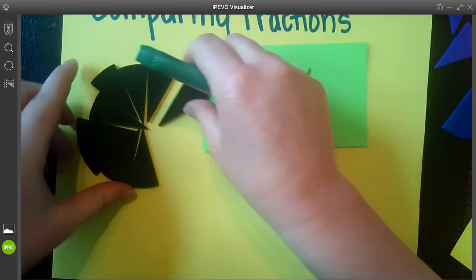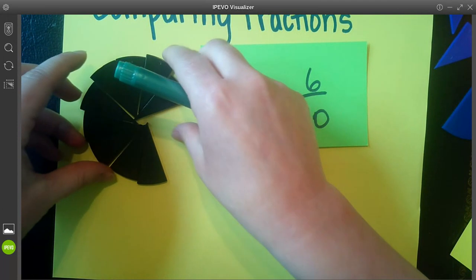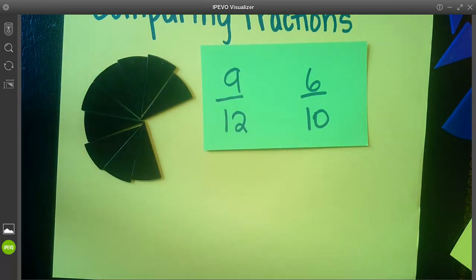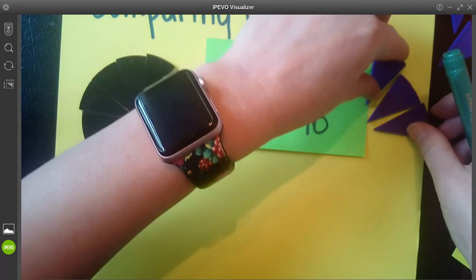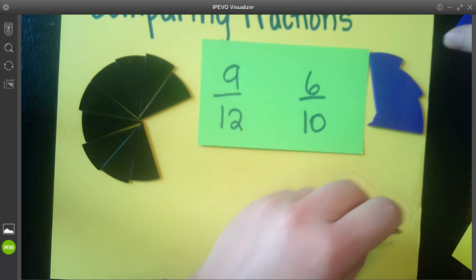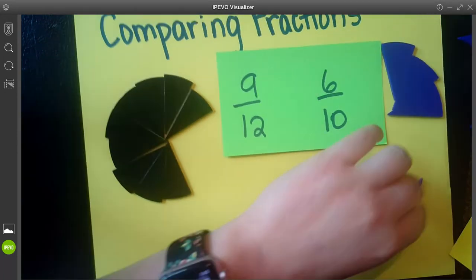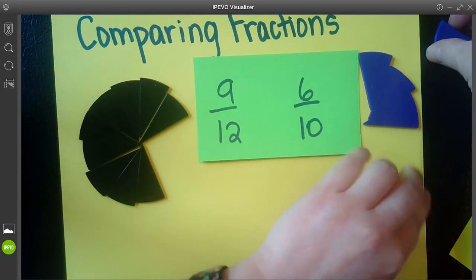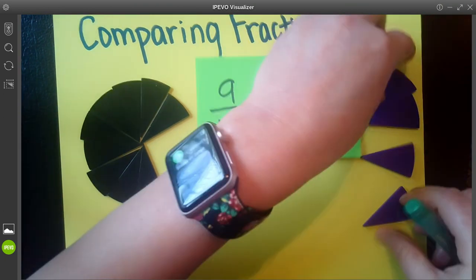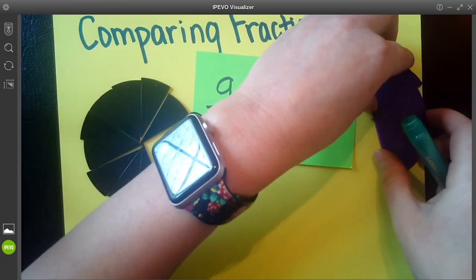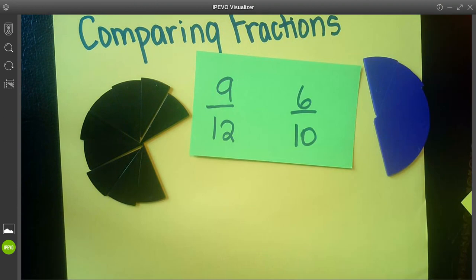There's 9/12. Okay. And then I have 6/10. So here's my tenths. 1, 2, 3, 4, 5. This should be half. There's half right there, 5/10.